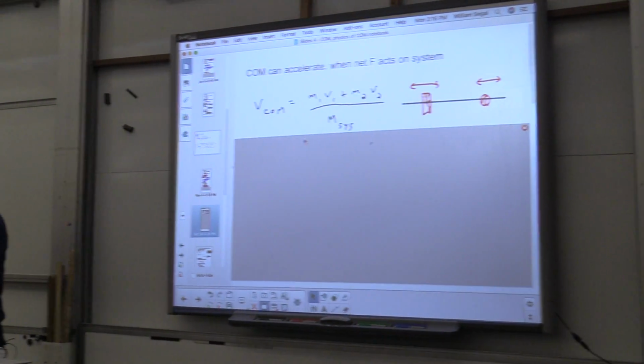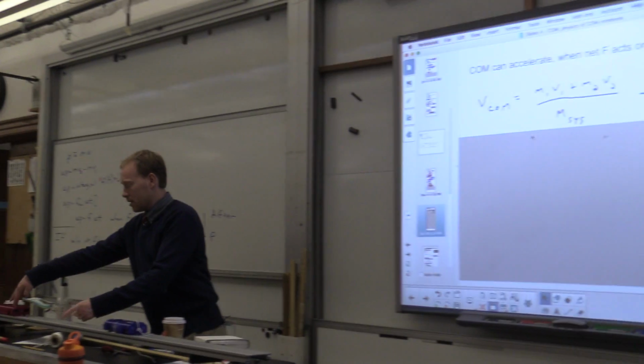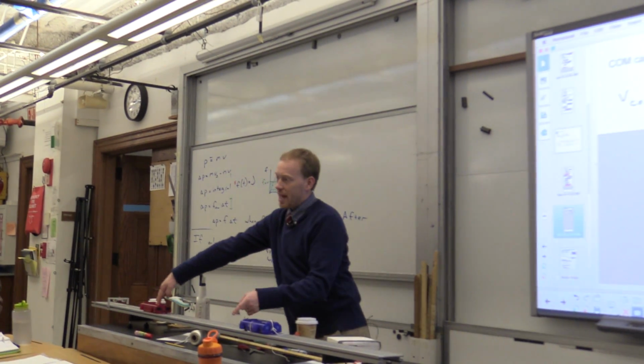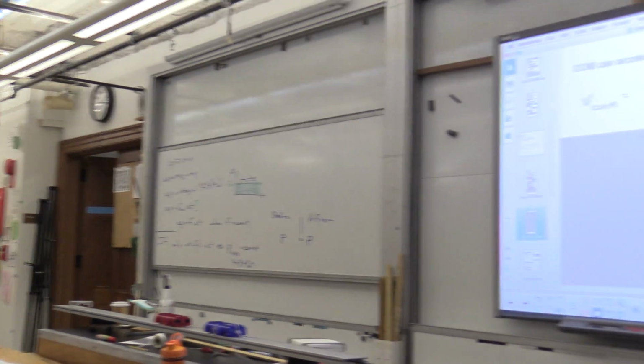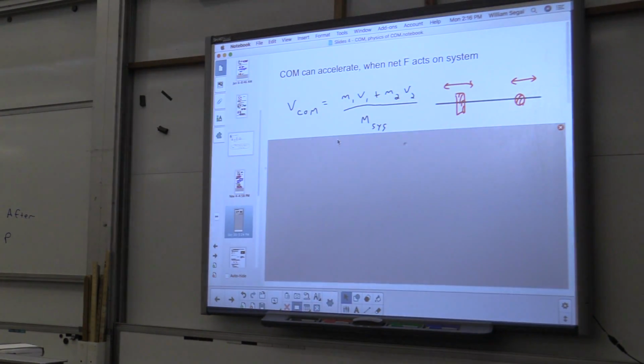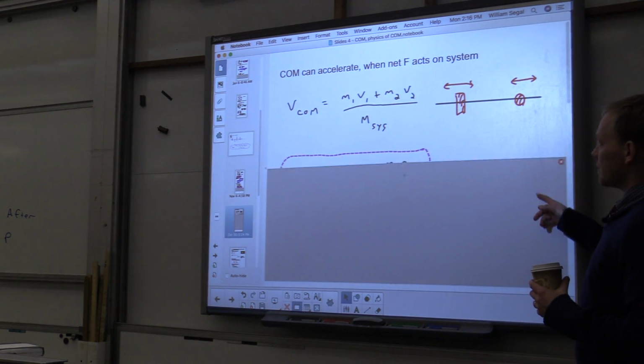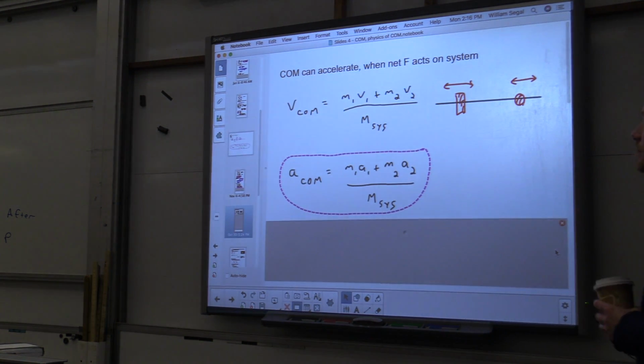If I'm accelerating one of these carts, then the center of mass has an acceleration. Would you care to guess an expression for the center of mass acceleration? Let's take the derivative again with respect to time and kablamo. The acceleration of the center of mass is equal to the weighted average of the different pieces of acceleration of the system.